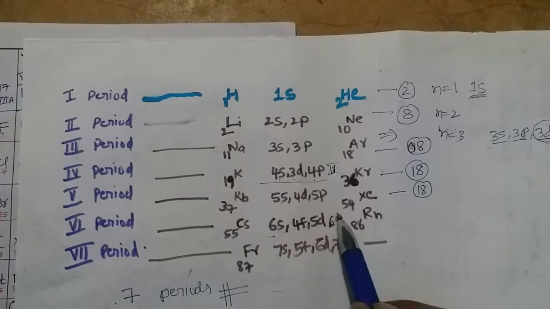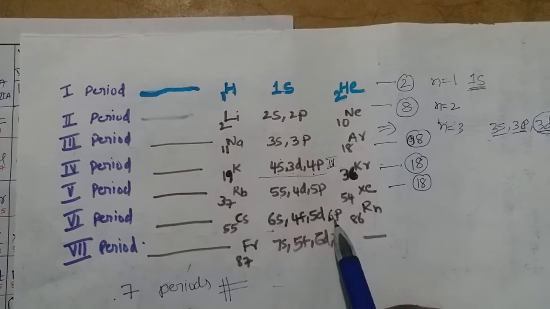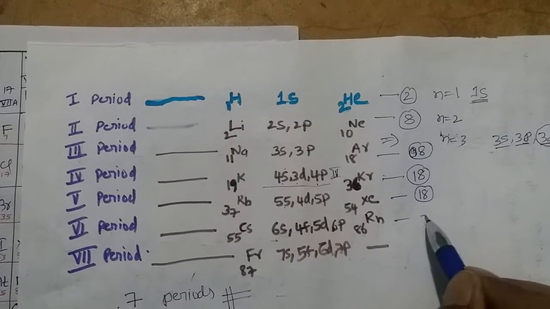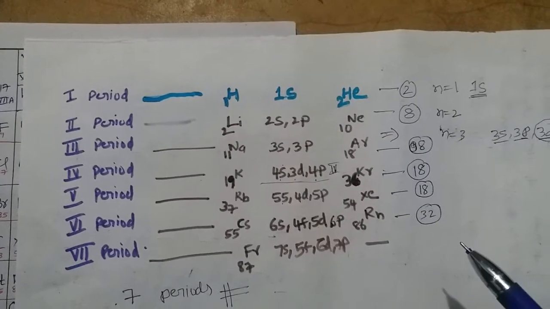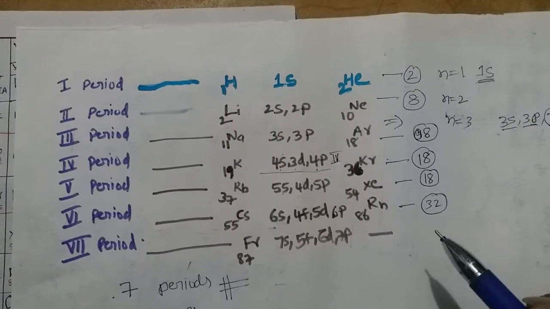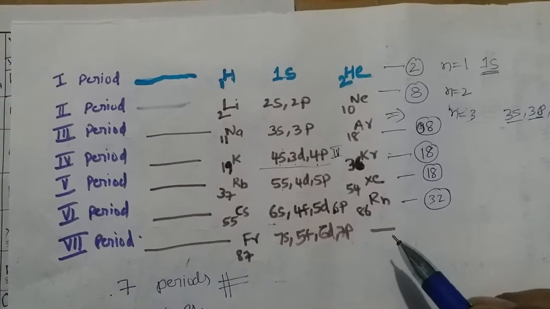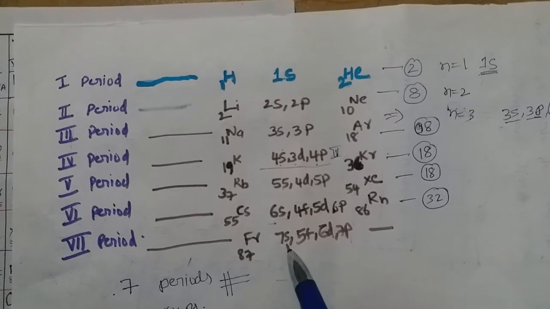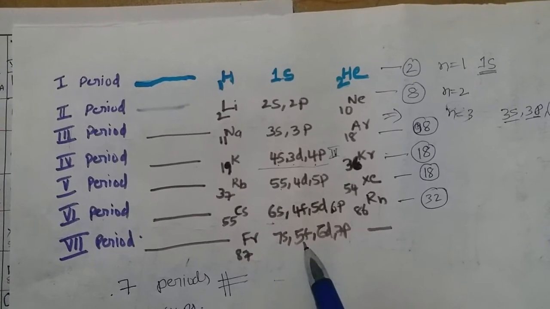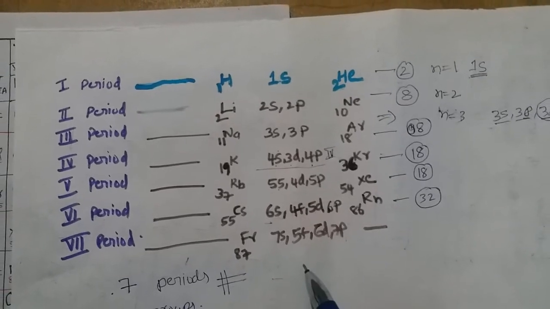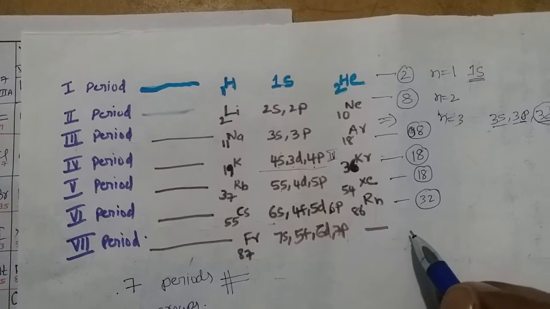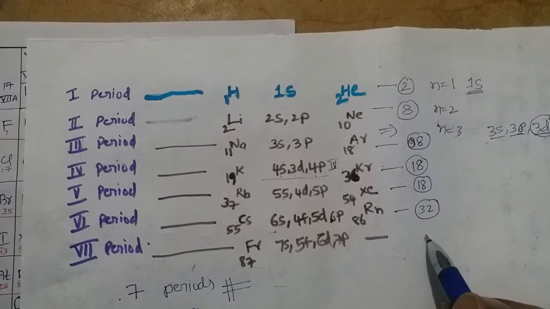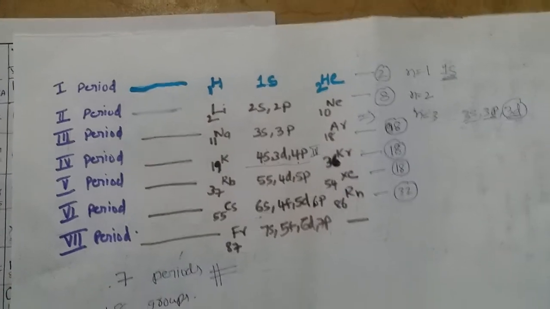When we calculate the electrons, the total number is 32. So in this sixth period also we have 32 elements. Coming to the seventh period, we also fill 7s, 5f, 6d and 7p orbitals, but it is incomplete itself. So this is the incomplete period.